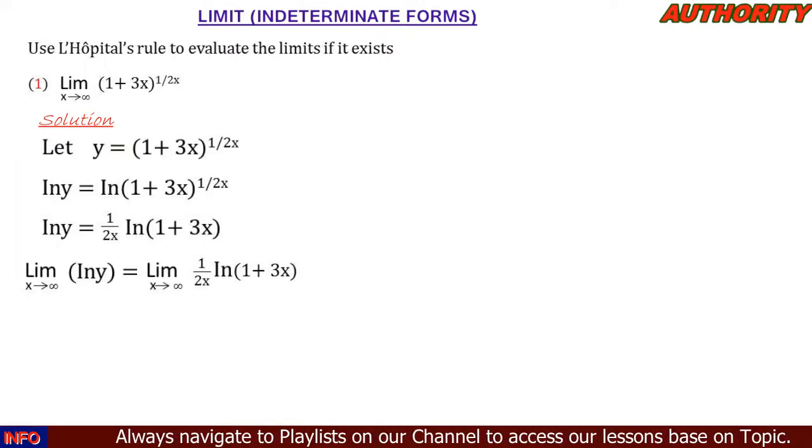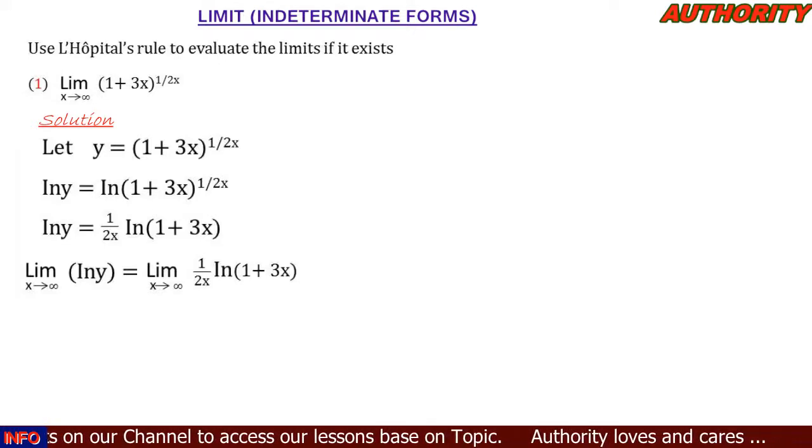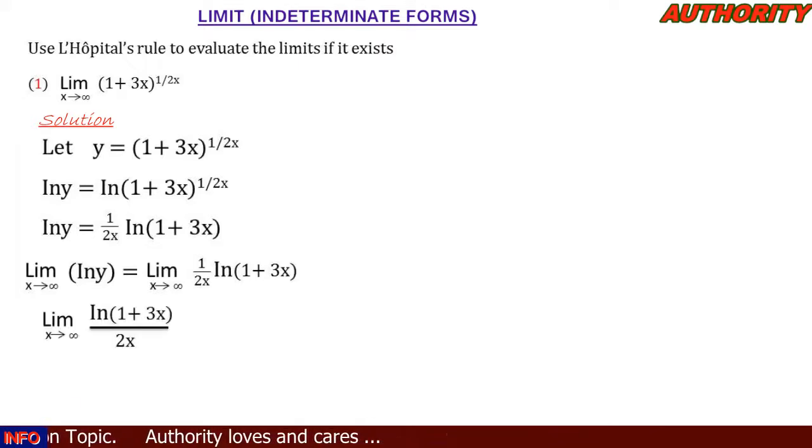Let's concentrate on the right hand side. We have 1 all over 2x times ln(1 plus 3x). Let's multiply this. That means we have lim as x approaches infinity of ln(1 plus 3x) all over 2x.